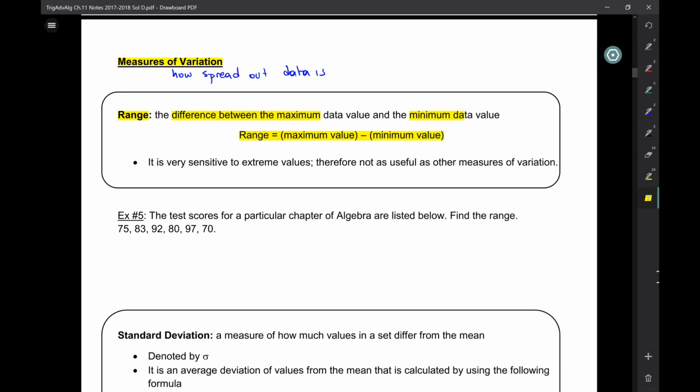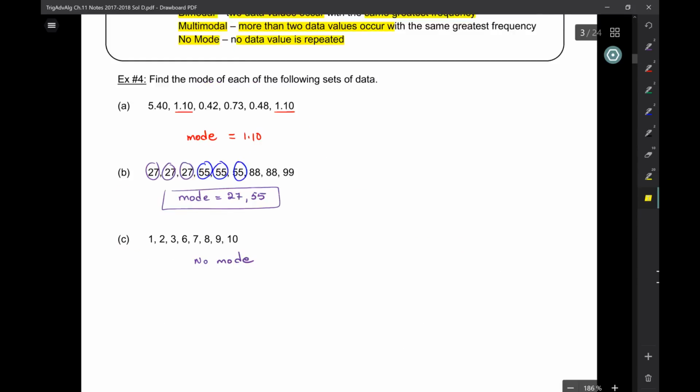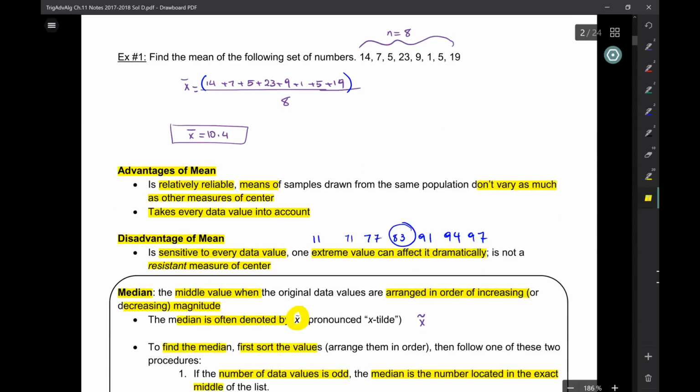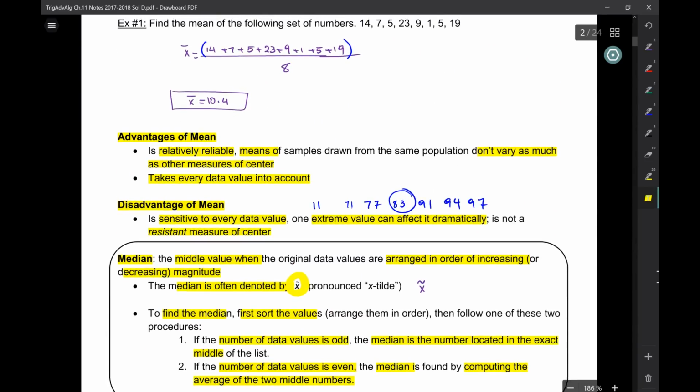The thing with this is it's very sensitive to extreme values. So for example, if in this example of test scores, everybody got between a 71 and a 97, and this guy just got an 11 because somebody gave him only the first page of the test or whatever, and he scored an 11, it's going to mess everything up.